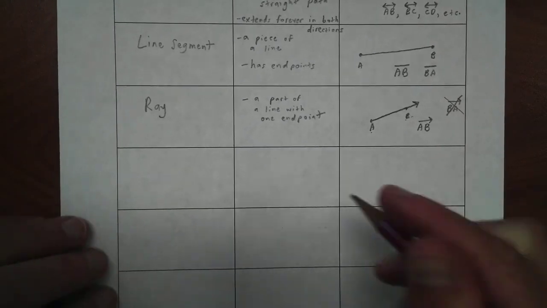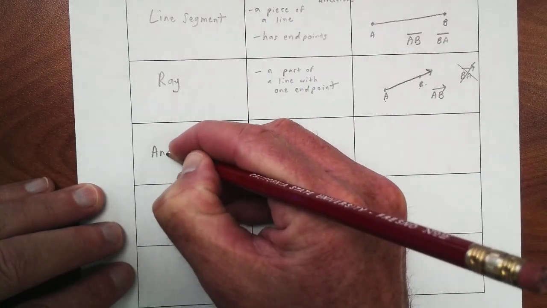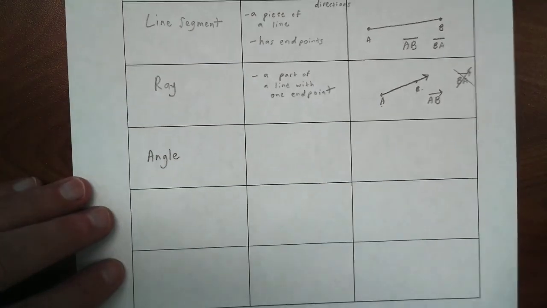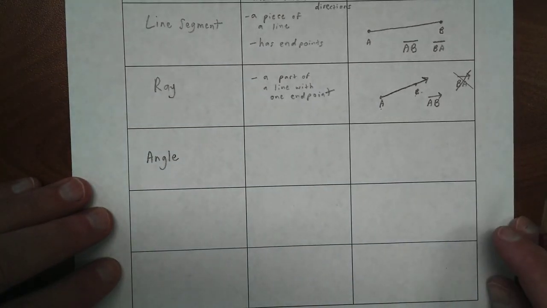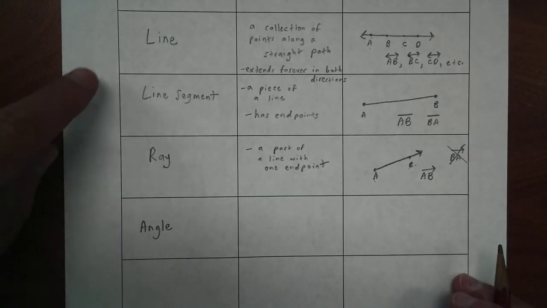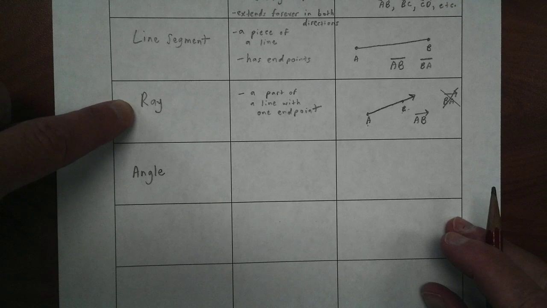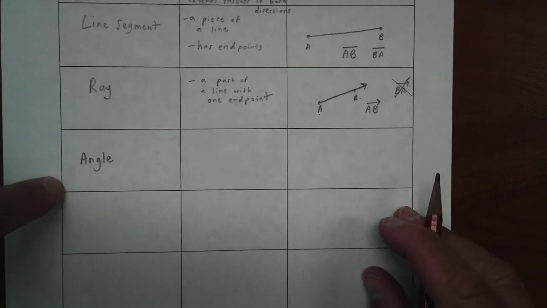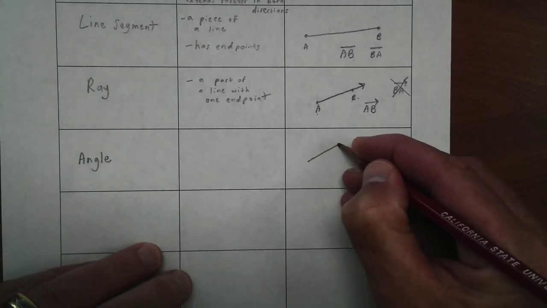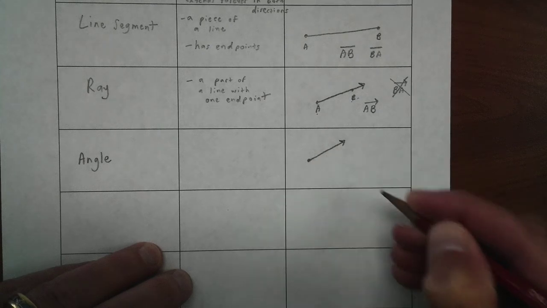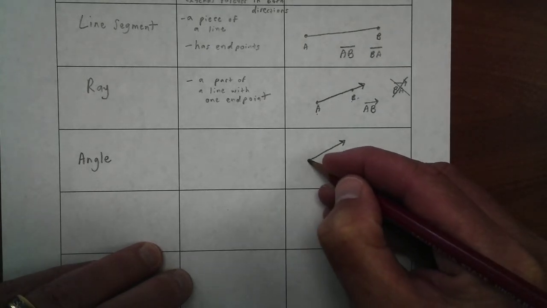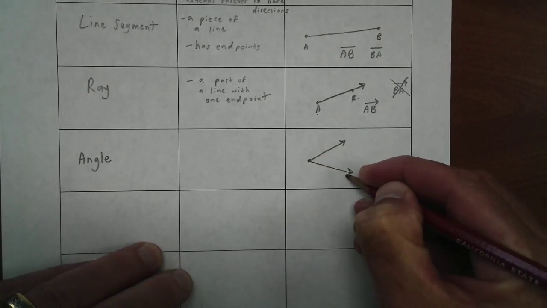Next word is angle. So all of geometry basically works with lines and line segments and rays. But if we put 2 rays together, we get an angle. Notice if I draw a ray here, and then draw another ray going off that same point, you have an angle.